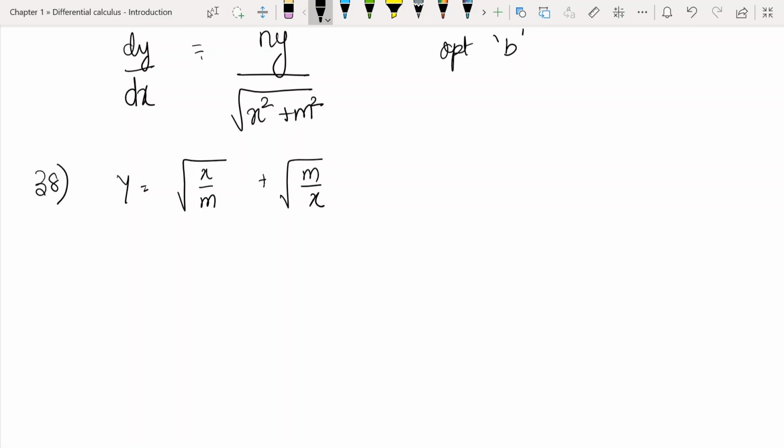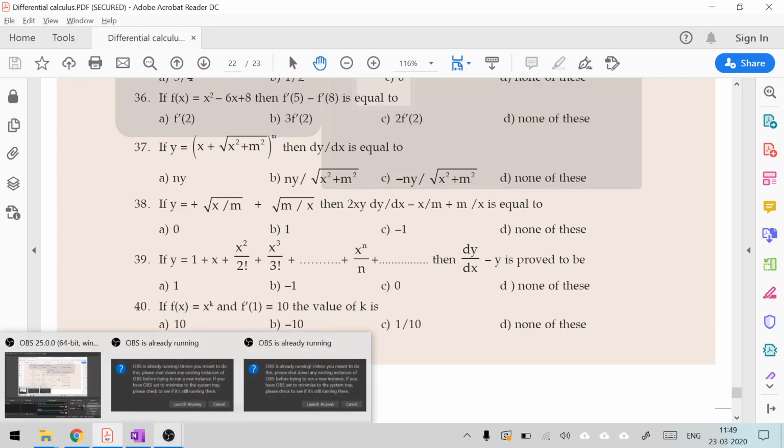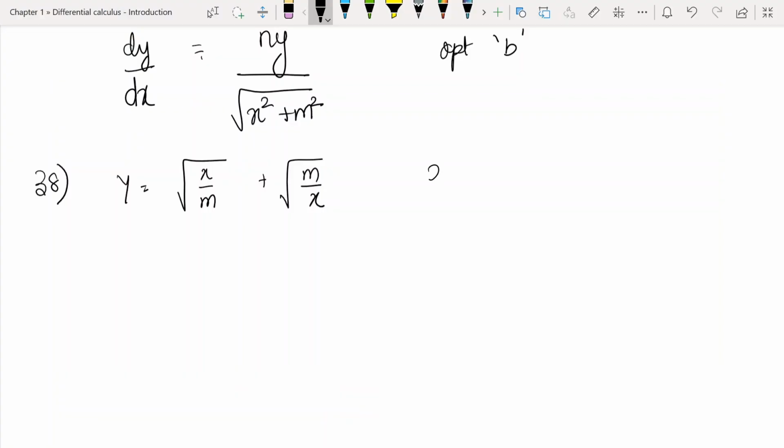Okay, then the question is asking us: 2xy dy by dx minus x by m plus m by x is equal to question mark. This is what the question is asking.